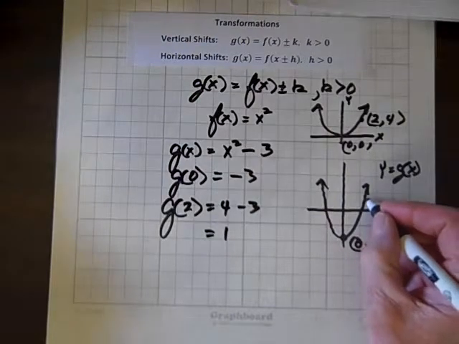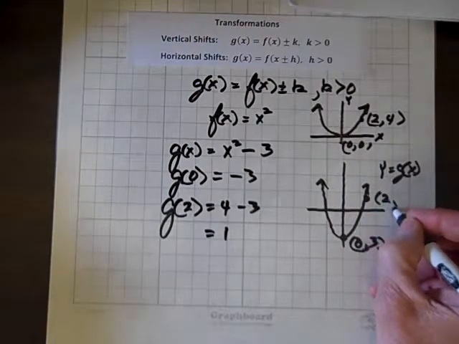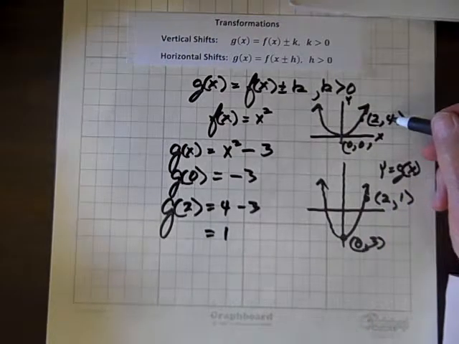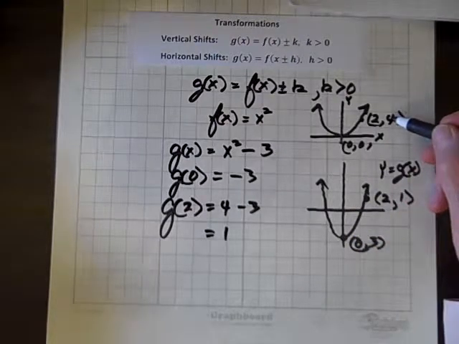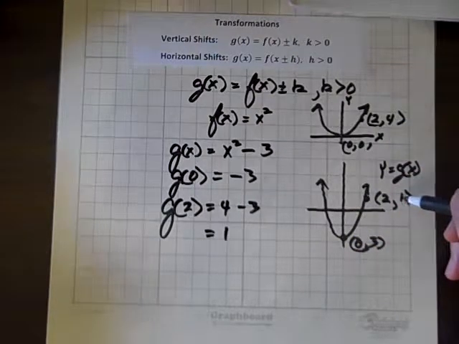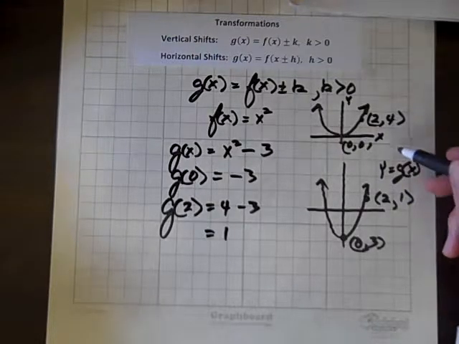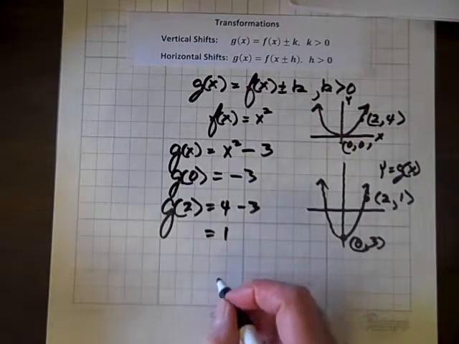So now when we go over 2, we go up 1, and the y-coordinate corresponding to 2 is 1. Notice, we shifted the graph down 3 units. That means every corresponding point on the graph will get a vertical shift down of 3 units. 4 minus 3 is 1. And that's a vertical shift, and we're done.